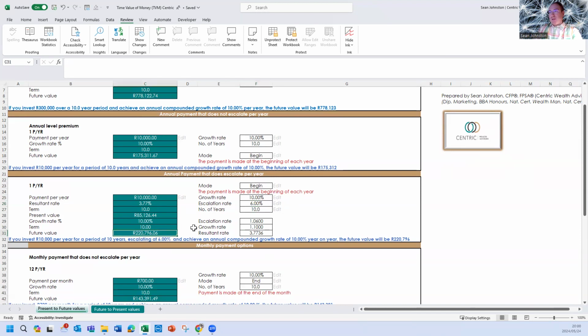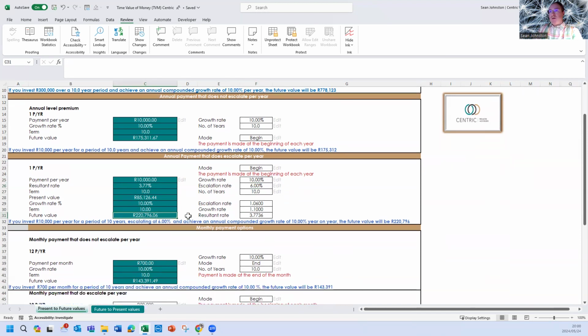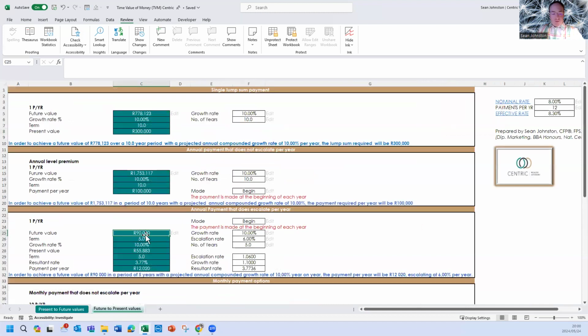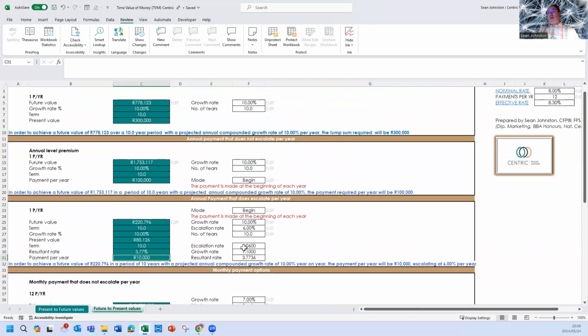Taking this example over here, 220,796, doing exactly the same exercise over here, you will get to the 10,000 Rand.